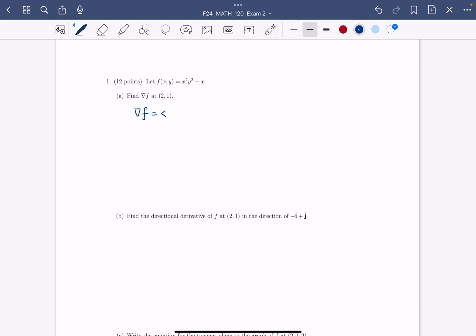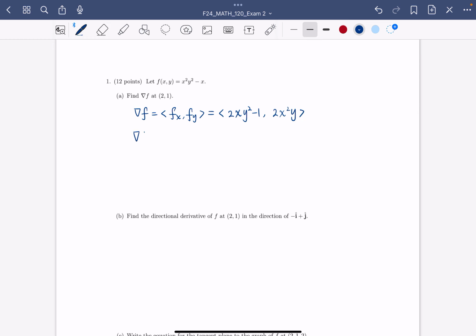The definition of gradient is you compute fx and fy, which are 2xy squared minus 1 and 2x squared y.